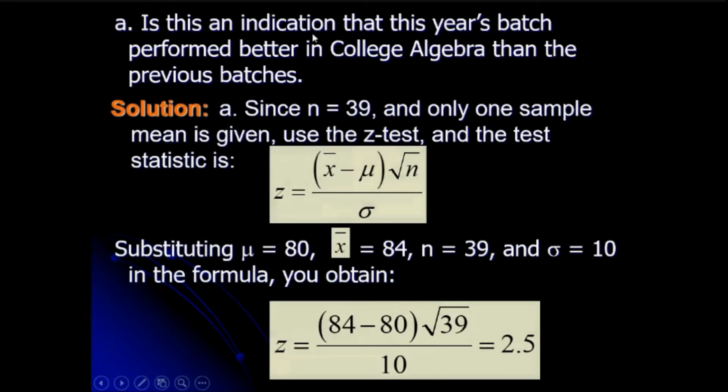So now, with this given, we can now identify: is this an indication that this year's batch performed better in college algebra than the previous batches? Ang titignan nyo ngayon, ano yung word para malaman natin kung ito ay one-tailed or two-tailed? What is the word that we need to spot on para malaman natin kung tayo ba ay magdi-deal sa one-tailed or two-tailed?